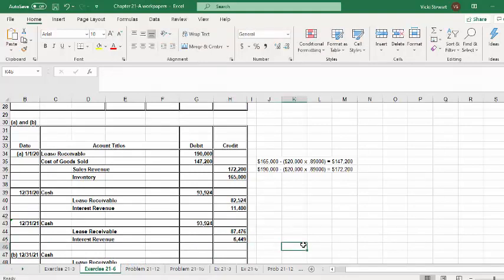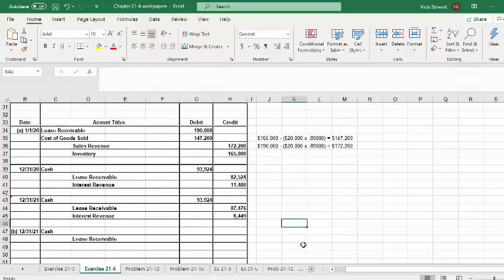The problem stated in the B part that Amazon decided to keep the equipment and pay Plummer for it. So at that point, we would receive $20,000 in cash, and we would credit the lease receivable for $20,000. And that is the conclusion of the demonstration for exercise 21-6B.